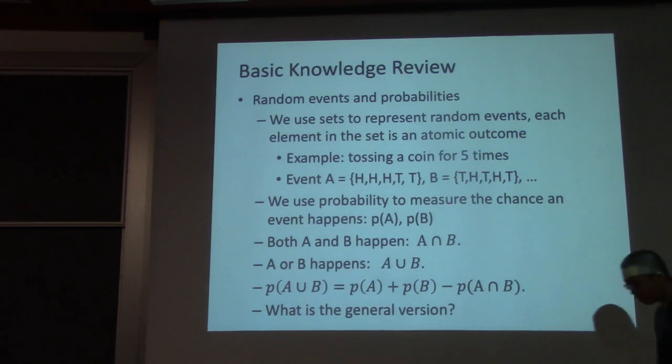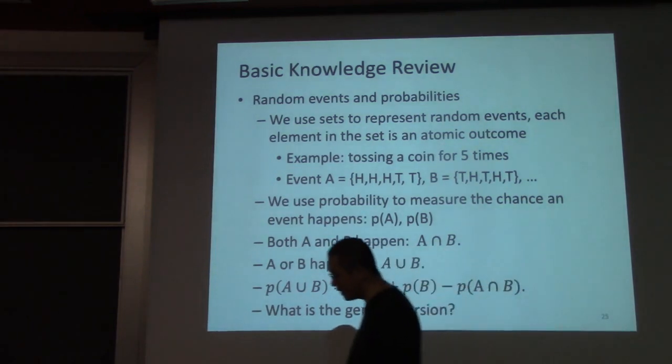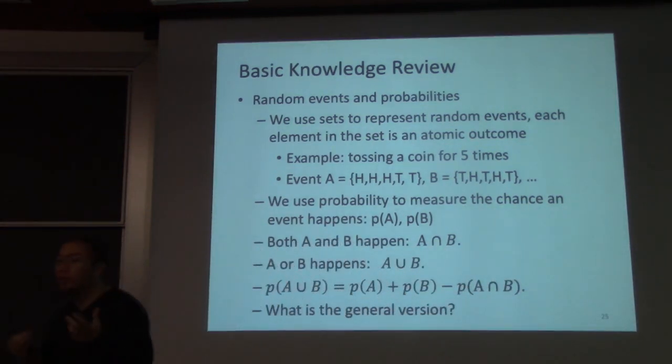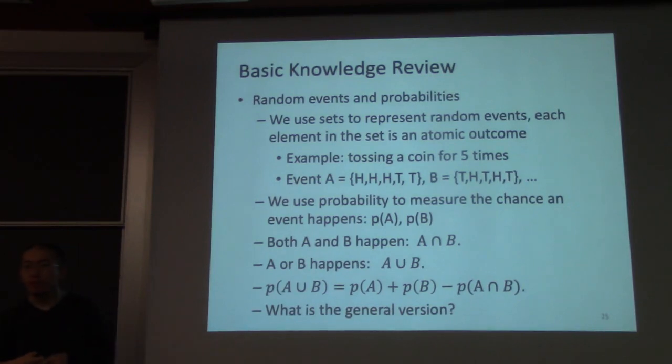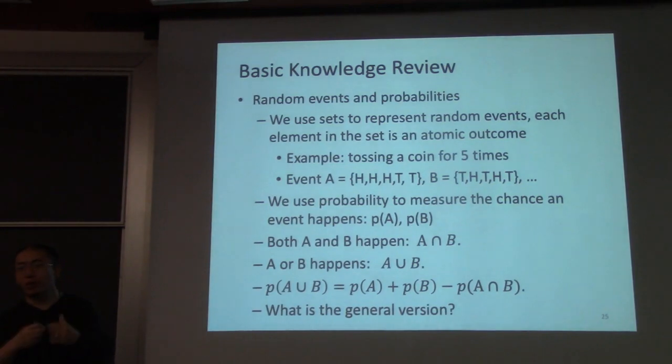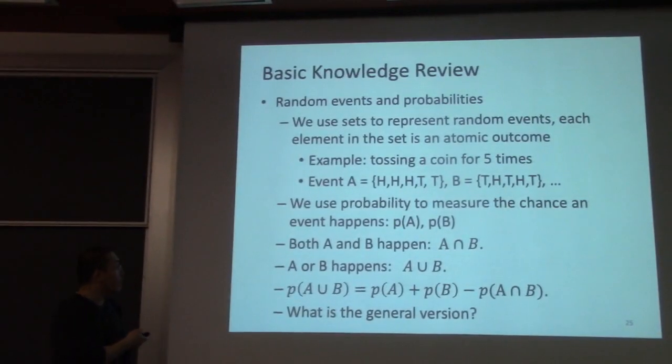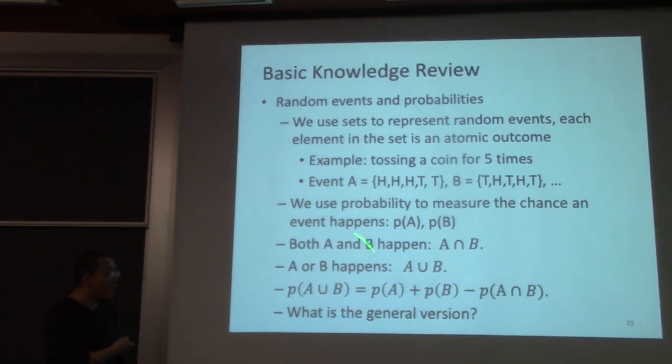The convenience of using sets is that we can use set operations to create more complex events, such as the union or intersection of sets. Given an event A and an event B, we can create a new event that both A and B happen.